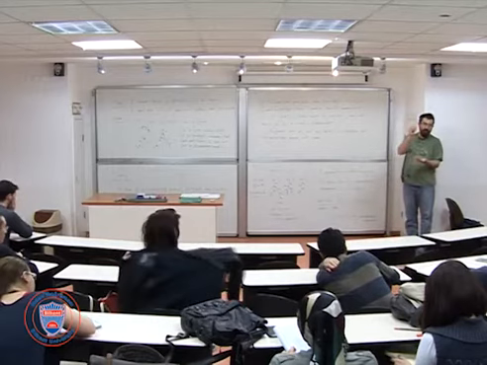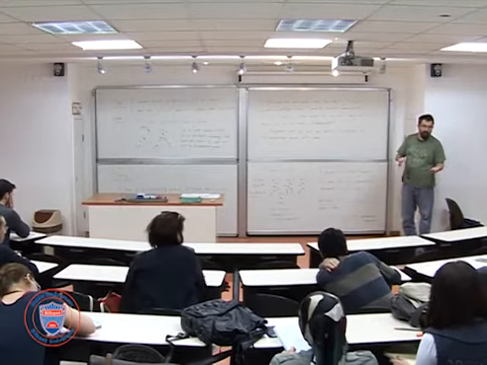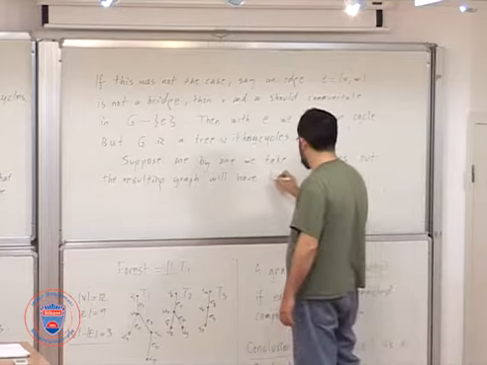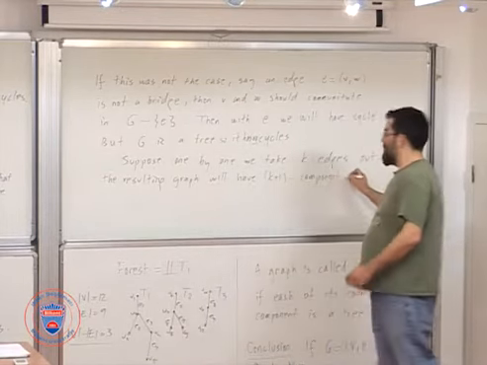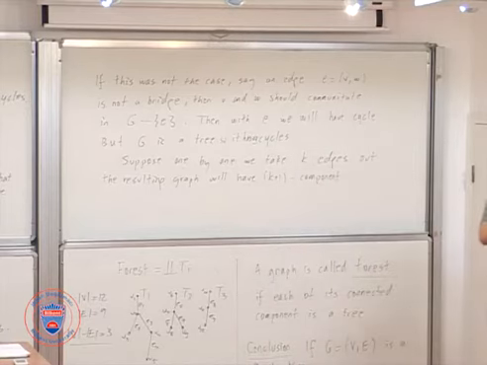If you take one edge out, two components. So we get k plus one components if you take k edges out. Okay?